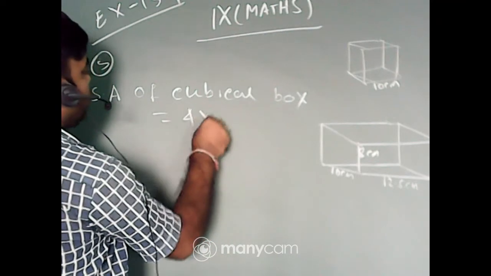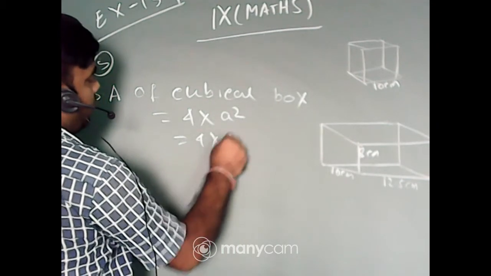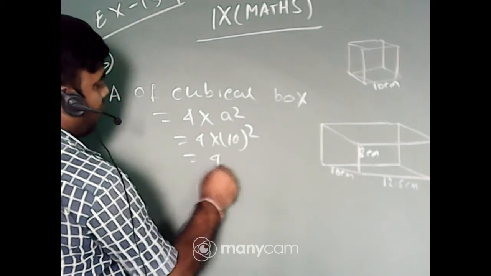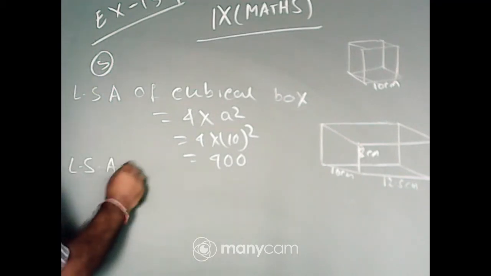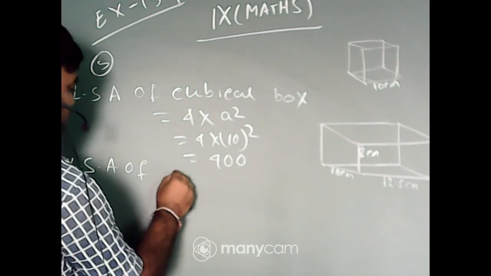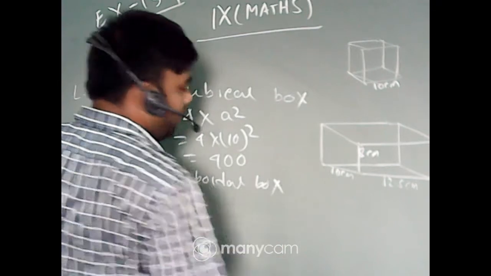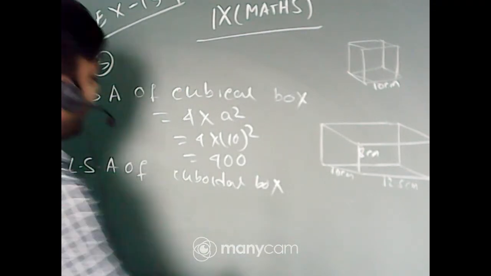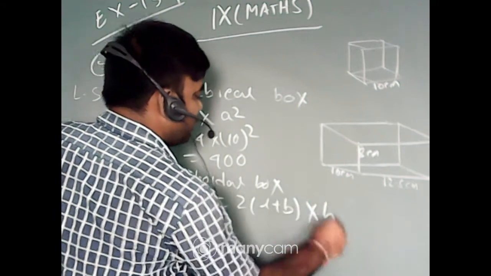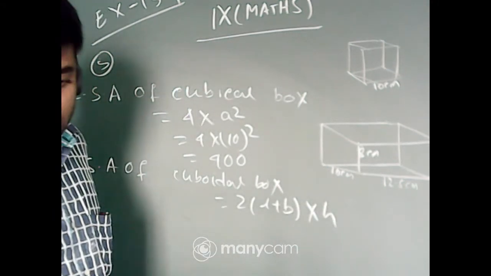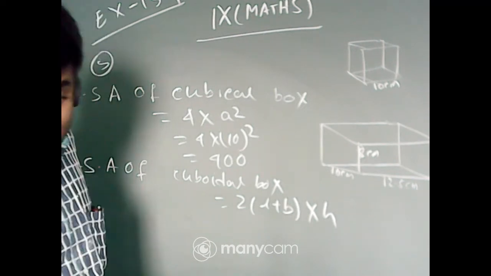So 4 into a square, that is 400 centimeter square. And the LSA of the cuboidal box, the LSA formula is 2 into (L plus B) into H.